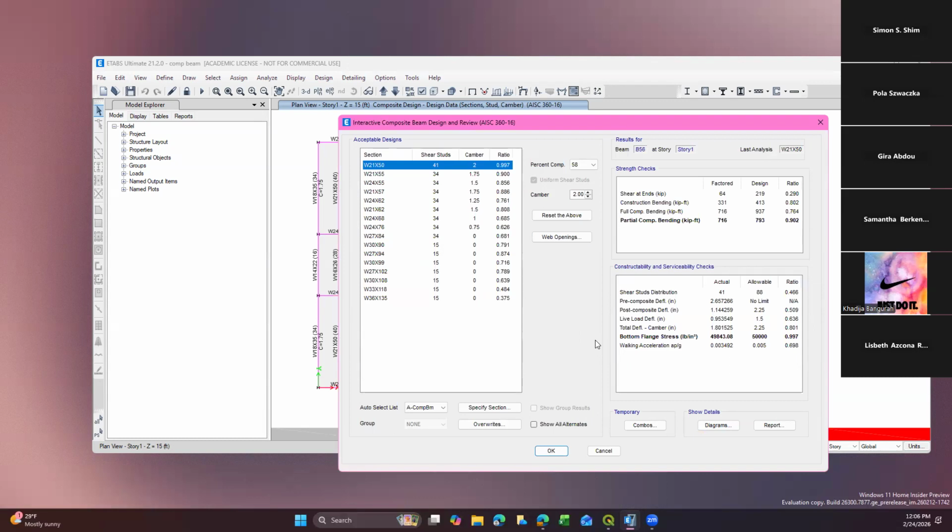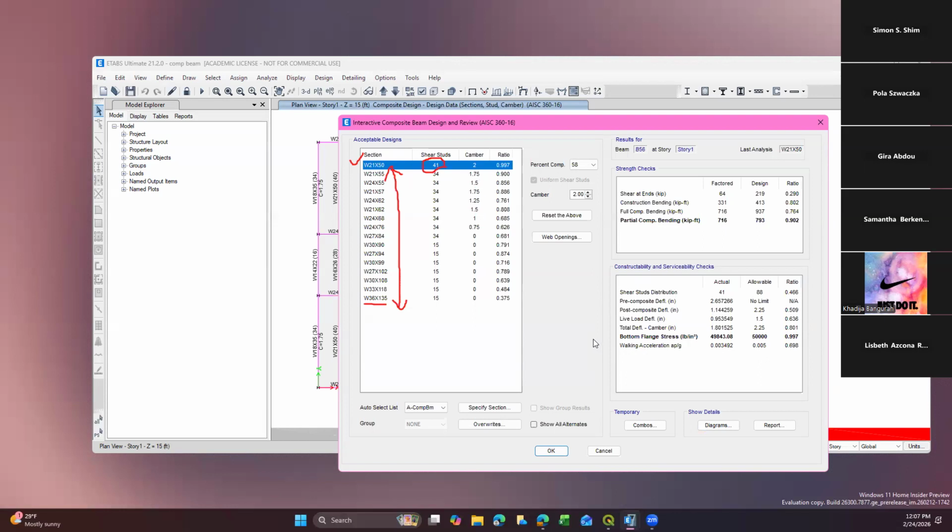First of all, we already discussed that based upon auto selection section properties, ETABS chose all these beams as workable. The lightest is 21 by 50 to 36 by 130. Obviously the lightest beam, 21 by 50, is the most economical beam, but it requires a number of studs, 41 here.